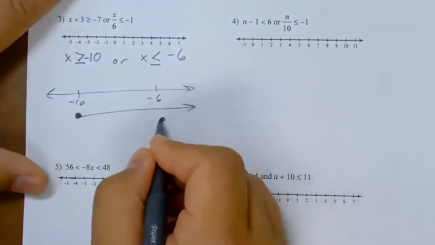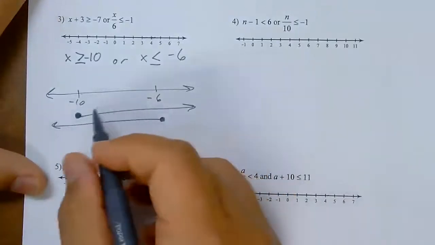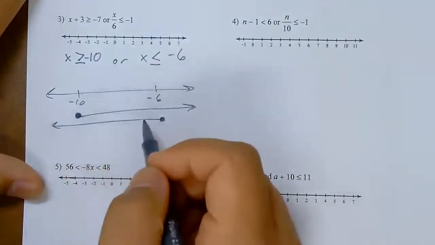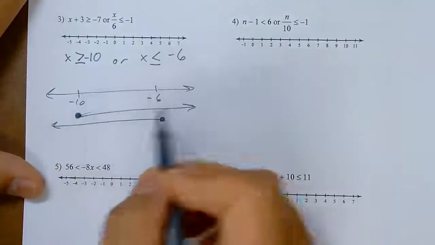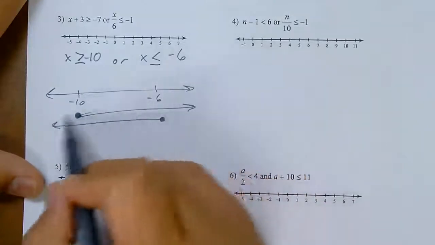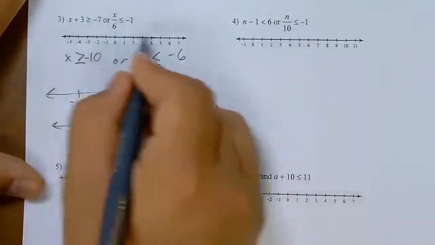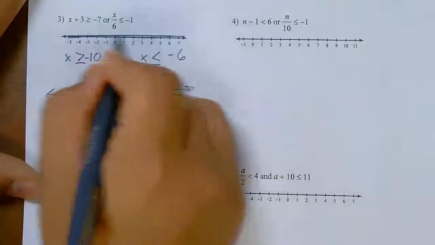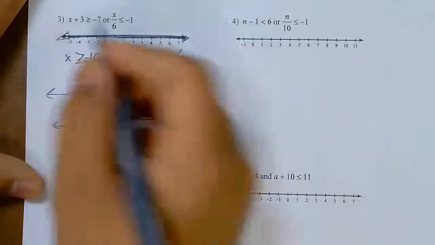The other inequality starts high and goes to the left. And so in this case, because it's or, so long as it satisfies at least one of these inequalities, it's good. So every single number on the number line is going to satisfy this inequality. So our answer is going to be all real numbers.